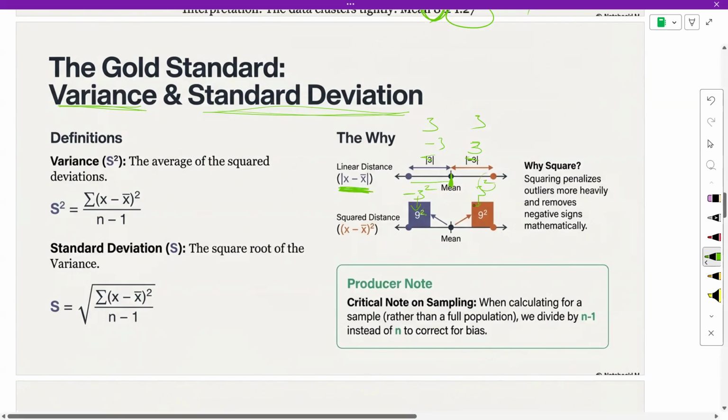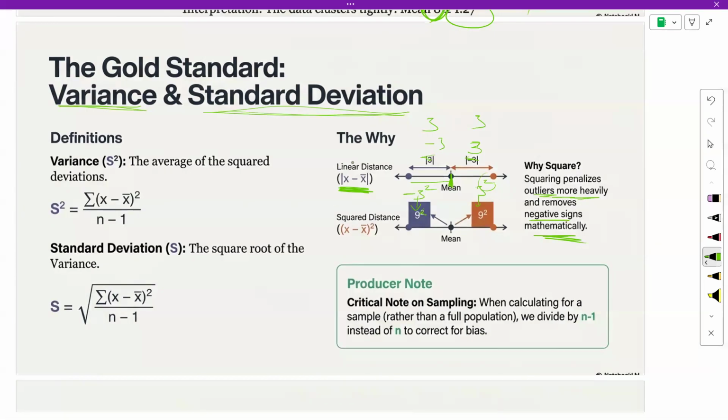So it mathematically removes the negative sign. The squaring also penalizes outliers, meaning extreme values, more heavily and removes negative signs mathematically. So that's why we use it.